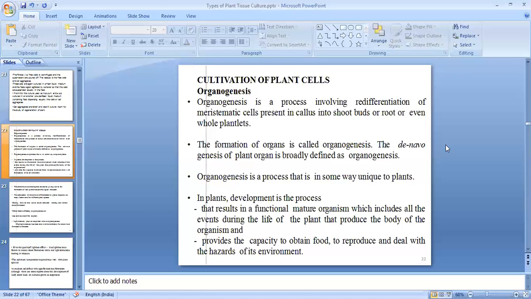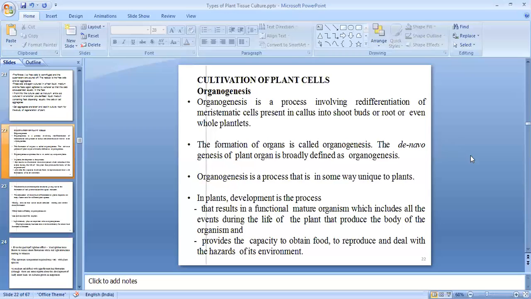The first is forming the anatomical organs of the plant, and the second is the maintenance of the physiological functions of those organs. That is called plant development. In plant development, these are the two processes: one is the formation of different types of organs, and the next is the maintenance of the functions of these organs.